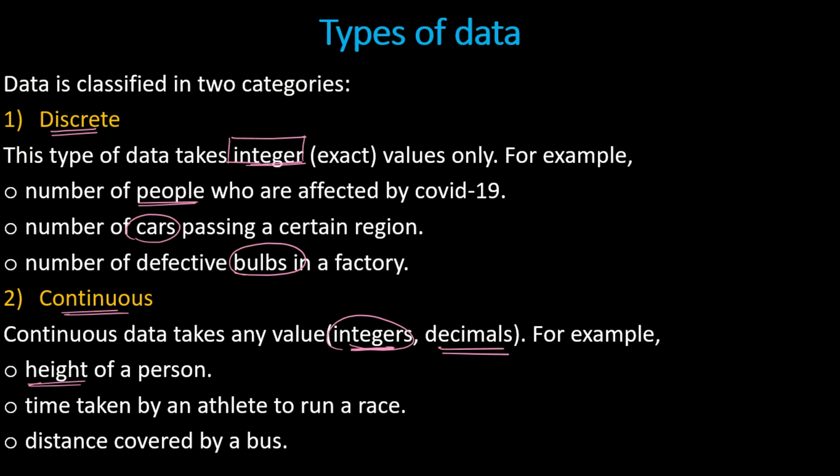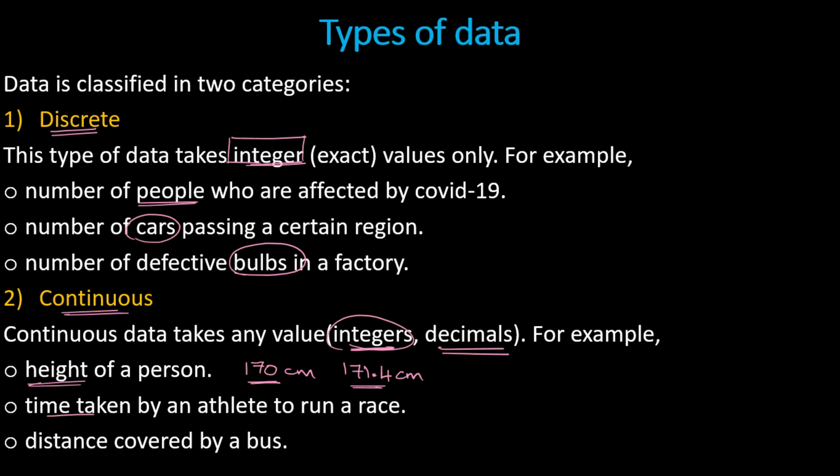When you measure the height of a person, you can obtain it as whole number, of course. For example, 170 centimeters, or sometimes you will obtain it as decimal, 171.4, and so on. Right, you see the height, it can be a whole number or it can be a decimal, so it forms part of continuous data.